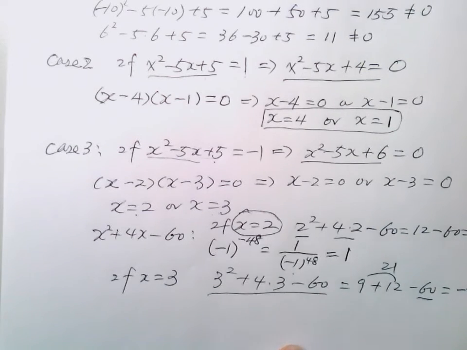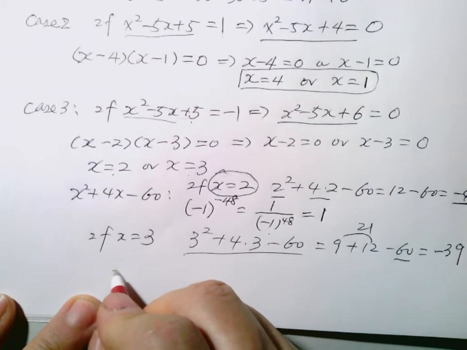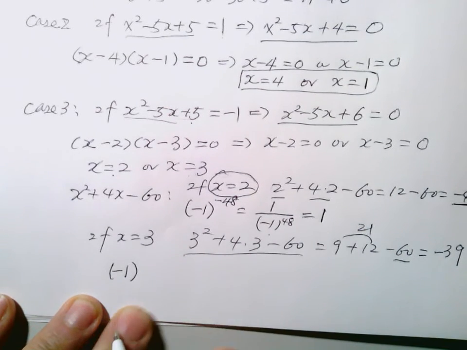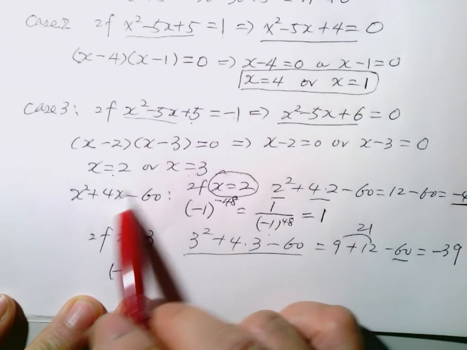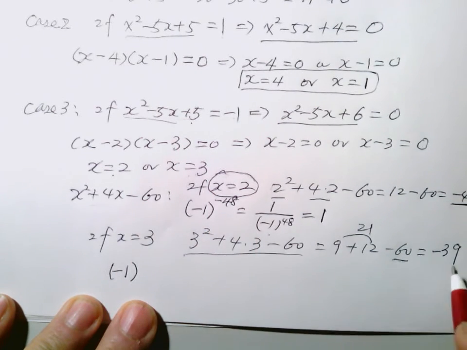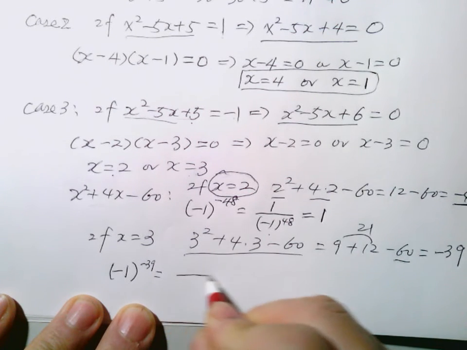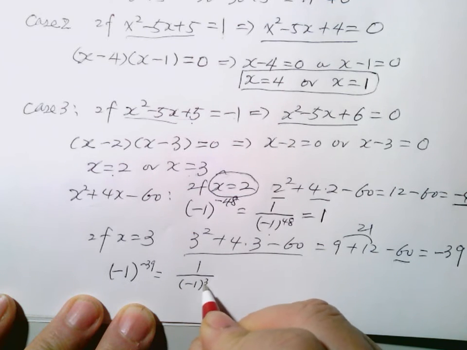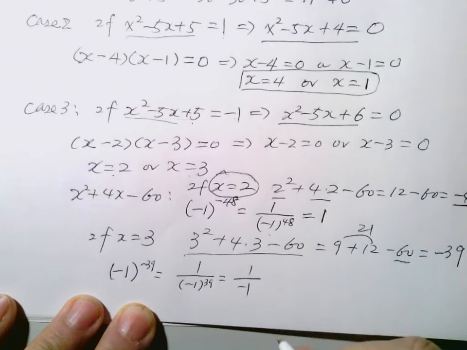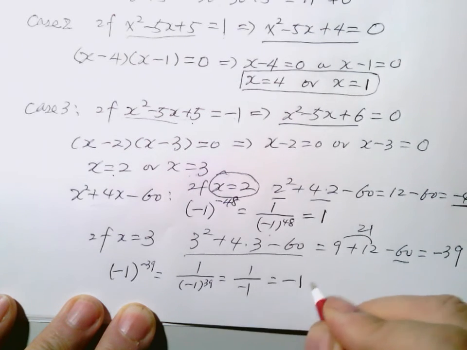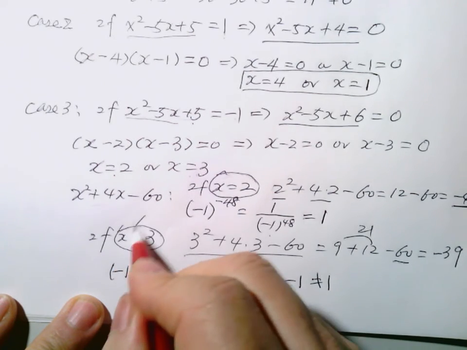So now you can see what we have here: negative 1 raised to negative 39, which is 1 over negative 1 raised to the positive 39, which gives us 1 divided by negative 1. This is negative 1, not equal to 1. So therefore, x equals 3 is not a solution.